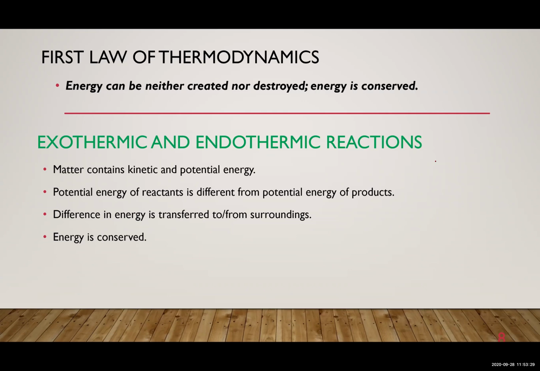So for example, let's say I have a molecule A, and this molecule combines with another molecule, let's say this is molecule B, and they react with each other. And after reacting, I get some product.